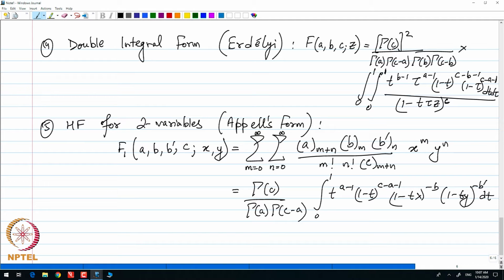Okay. So, that is the integral form of the hypergeometric function of two variables.